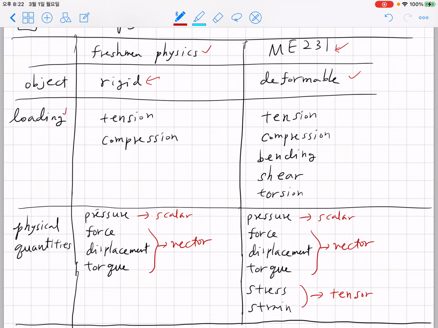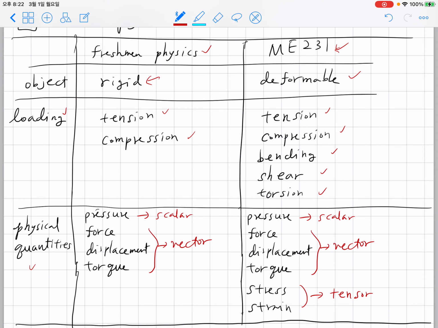About the loading mode, back in freshman physics, you only learned about tension and compression, and a little bit of torsion. But in ME231, we're going to learn about tension, compression, bending, shear, and torsion, and I'm going to tell you what these are. We'll learn how a deformable body deforms under these loads. Then we also have to think about physical quantities.